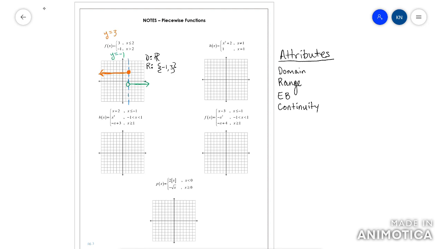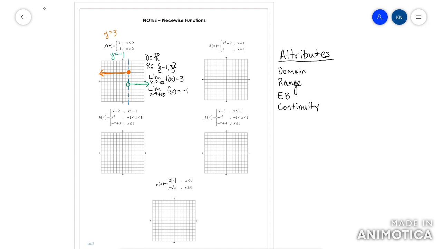The end behavior, if I go to -infinity, my f of x, my y value, so if I go left, I'm leveled out there at +3. And if I go right, so x approaching +infinity, my y value levels out there at -1.